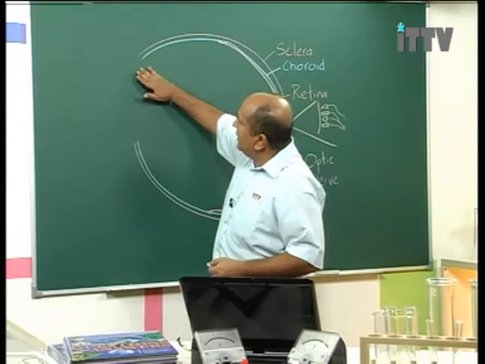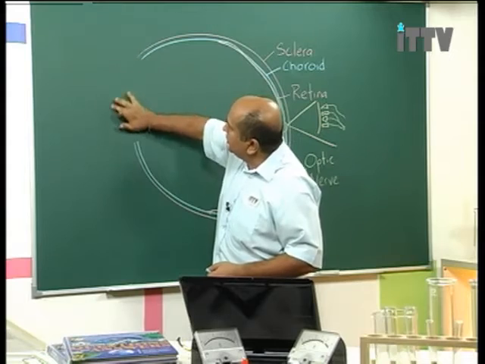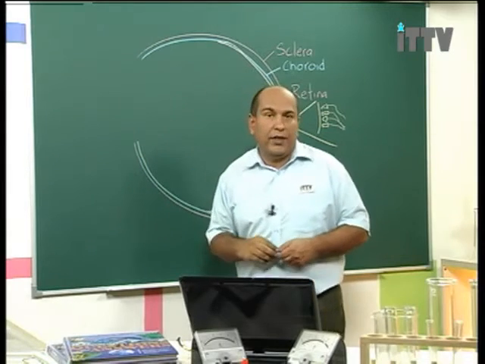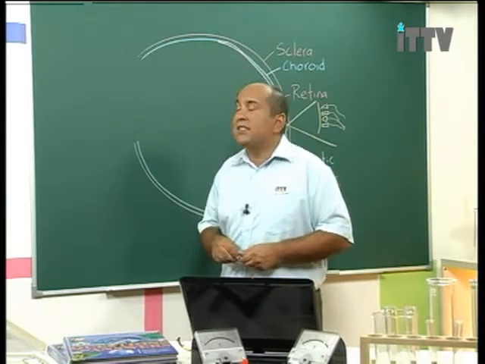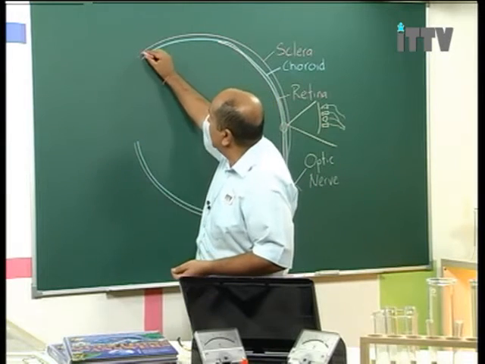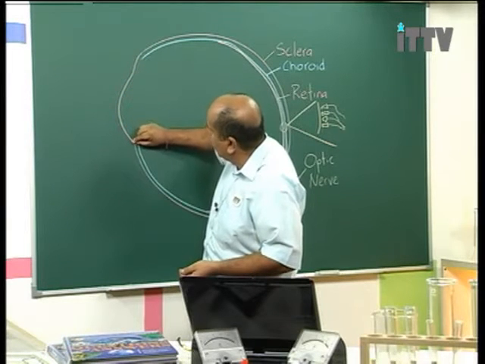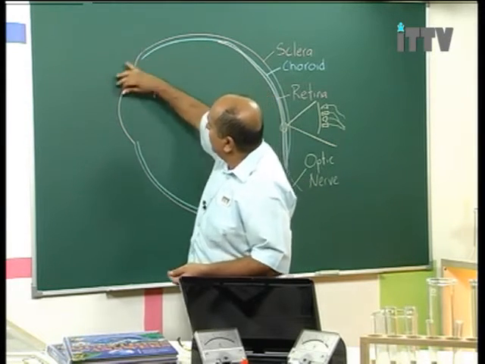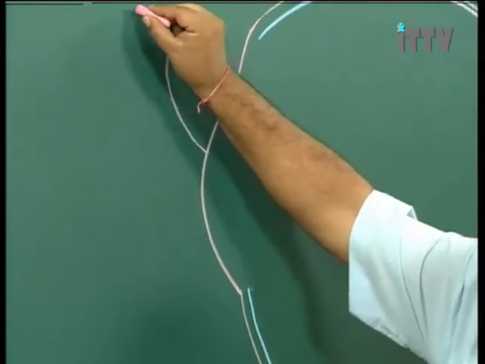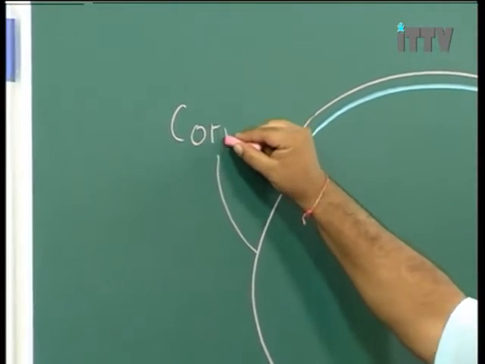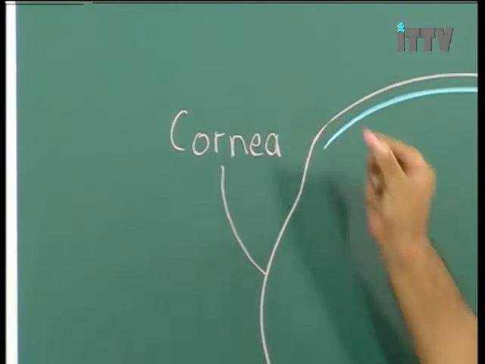So that means to say that at the front of the eye, the outermost layer here is called the cornea. The cornea is just an extension of the sclera. So as the sclera comes down over here, it bulges out and comes back in. Okay? This area here is called the cornea.